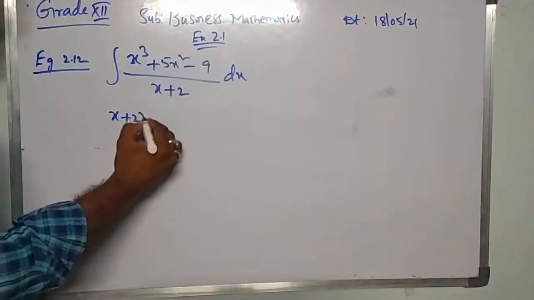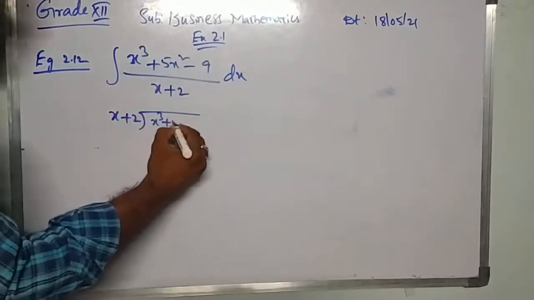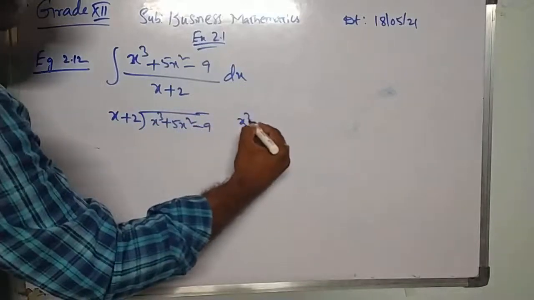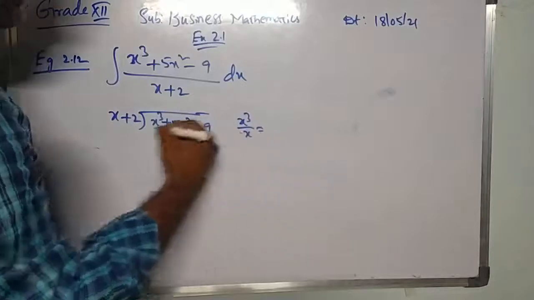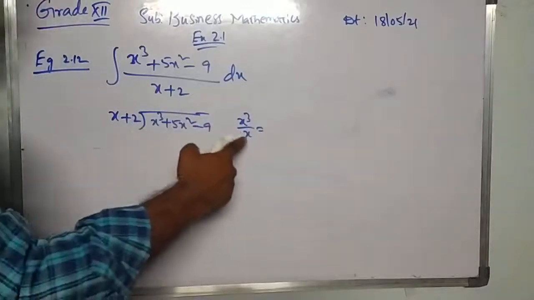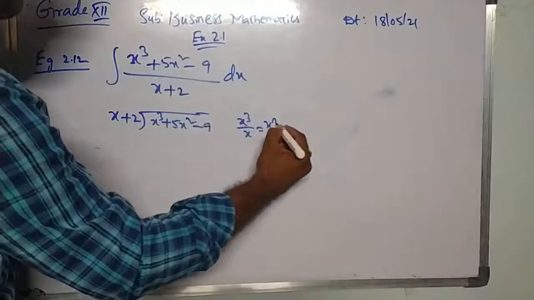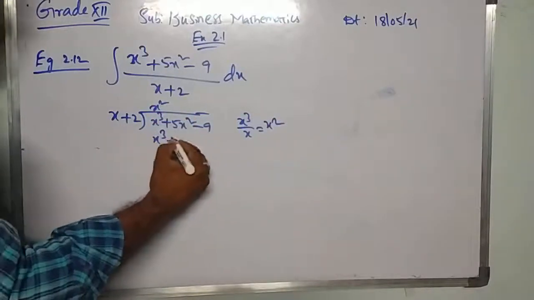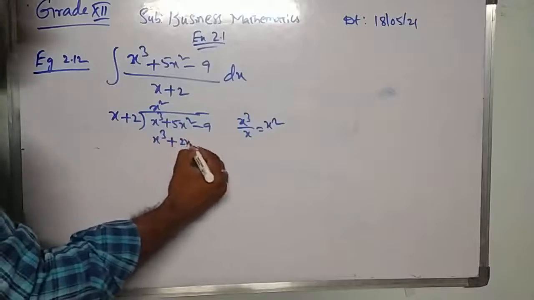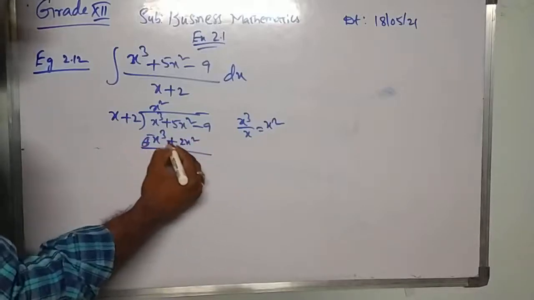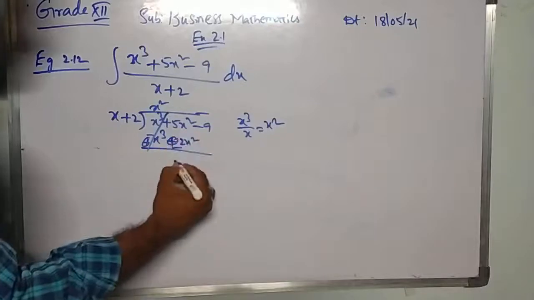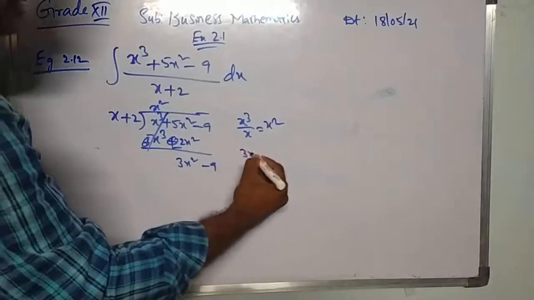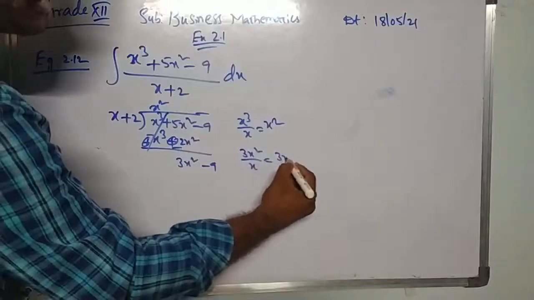If I do x plus 2 divided into x cube plus 5x square minus 9. Step 1, x cube by x, what will it become? x square. So x square here, x cube plus 2x square. So plus becomes minus, these get cancelled. Here it is 3x square. Next term, 3x square divided by x, which is 3x.